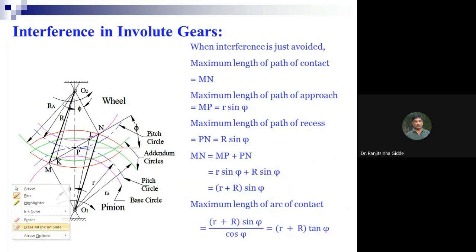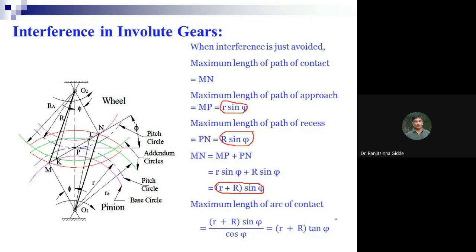Understood? So this is interference in involute gear. So this value is of importance. Remember this, and this. So only four out of this slide, right?